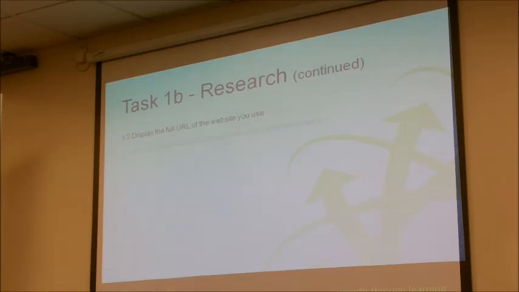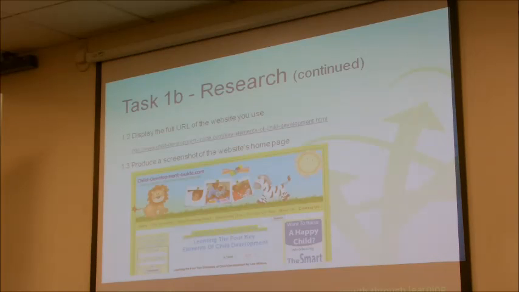So there is the typical URL that we would be expecting to see. The second part of the research there, 1.3, is produce a screenshot of the website's home page. So quite easily, they go to click on home page, they see the home page there, they press screenshot and paste it into the document along with the other research information. That's really all we wanted to see at that stage.